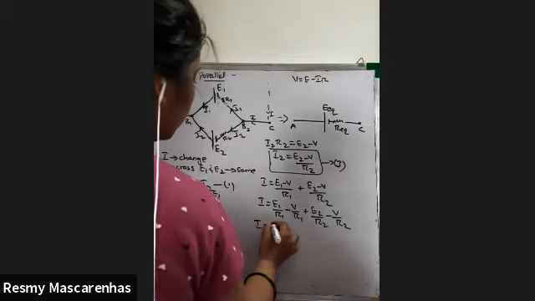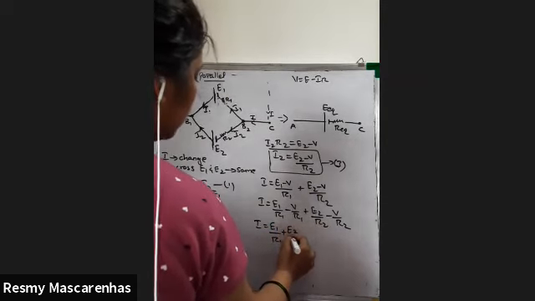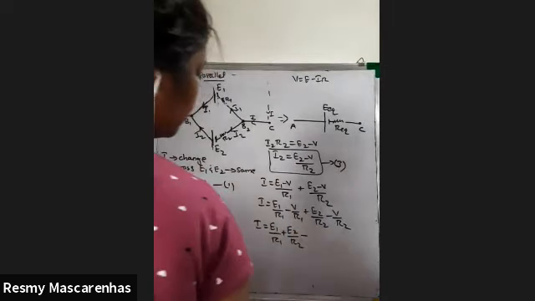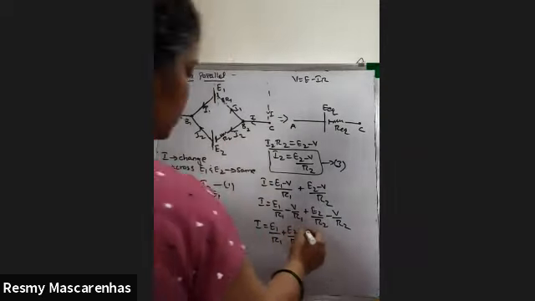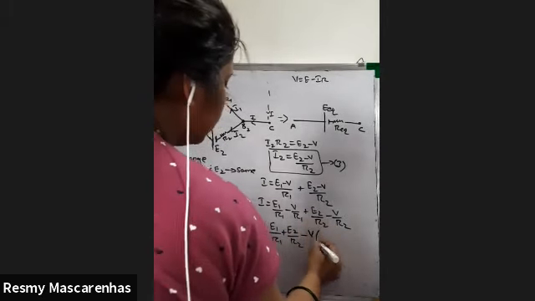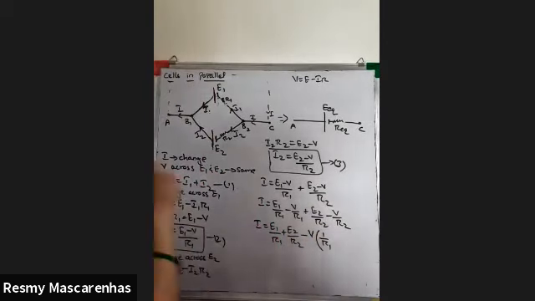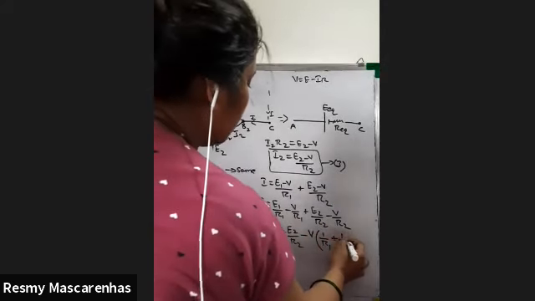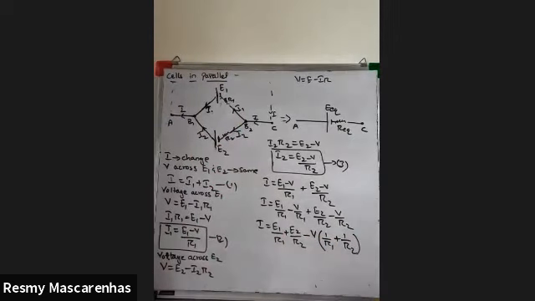So I will be equal to E1 upon R1 plus E2 upon R2 minus V upon R1 minus V upon R2. I can take V common now, or minus V common. So minus V times 1 upon R1, minus into plus will be minus, so plus 1 upon R2.